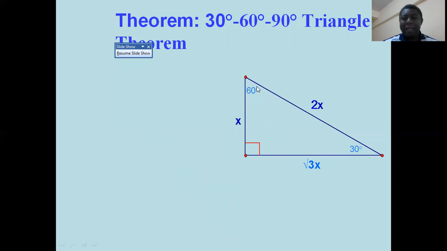then you should know that the hypotenuse is 2 times the shortest length.